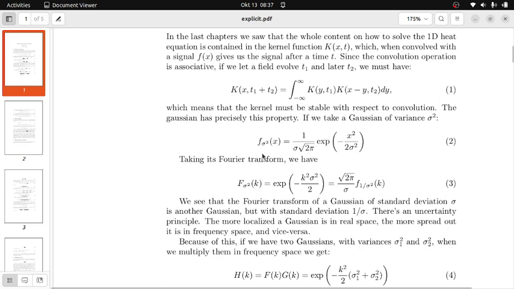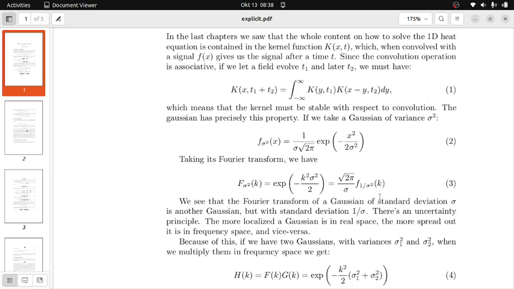In our conventions for the Fourier transform, this Gaussian is not normalized, but if we multiply the variance of the Gaussian in real space with the variance in frequency space, we get 1, right? And this is some sort of uncertainty principle associated with the Fourier transform.